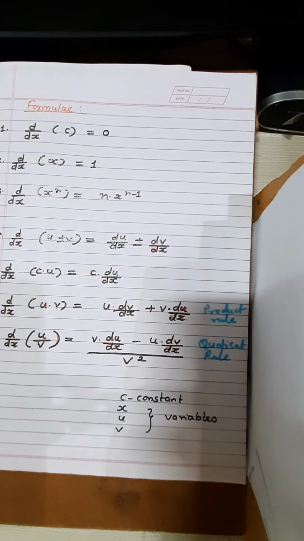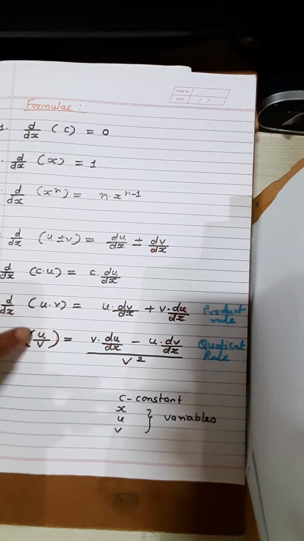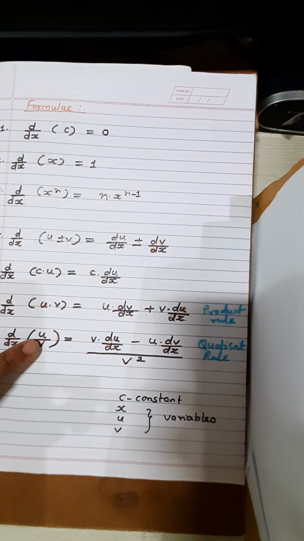The seventh and last formula for derivatives is the quotient rule, in which we may have one term in the numerator and one term in the denominator.